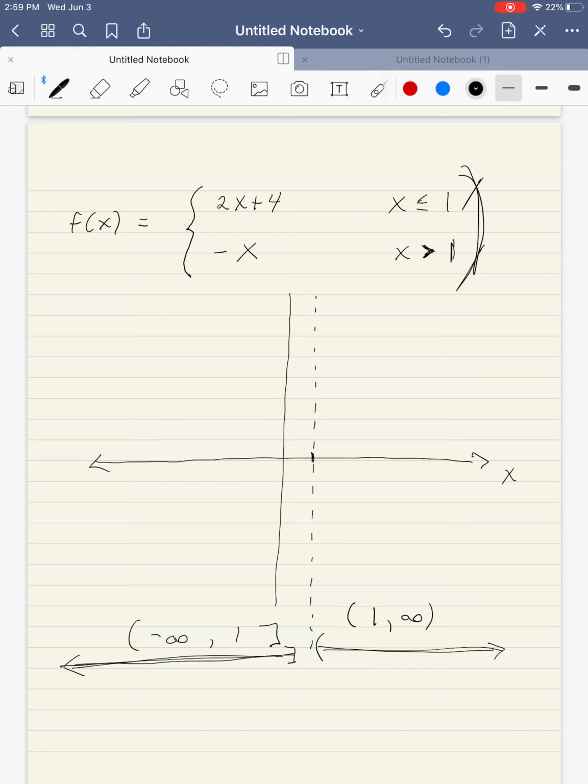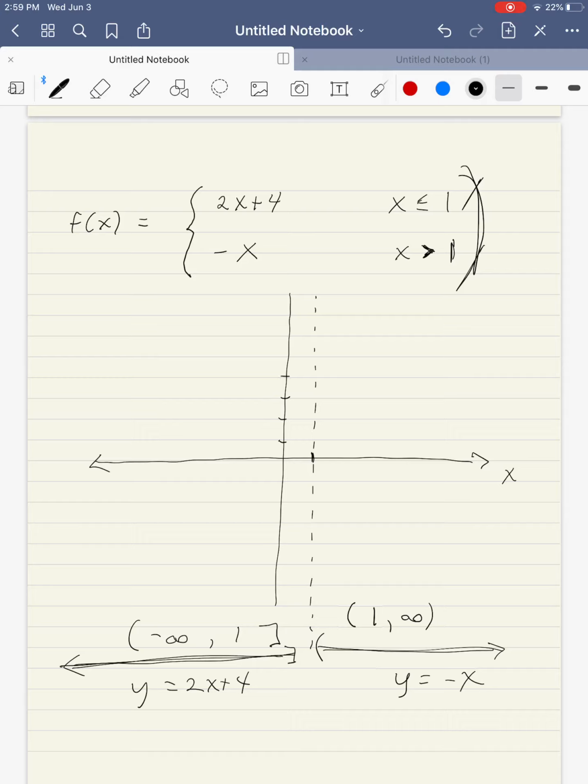The piece where x is more than 1 and the piece where x is less than or equal to 1. And then on this portion of the graph over here, it looks like y equals 2x plus 4. And on this portion of the graph over here, it looks like negative x. So I have to graph each of those separately on the piece where they are.